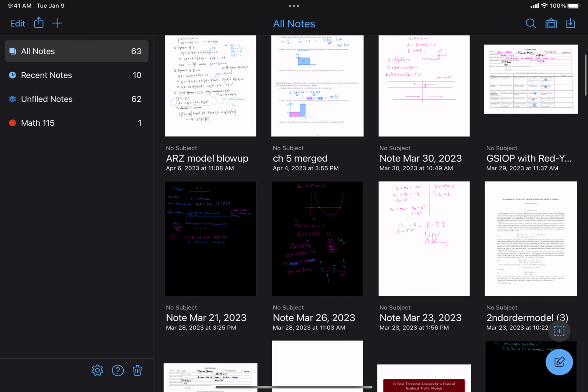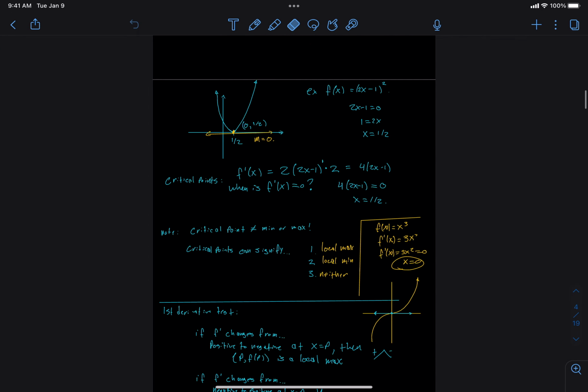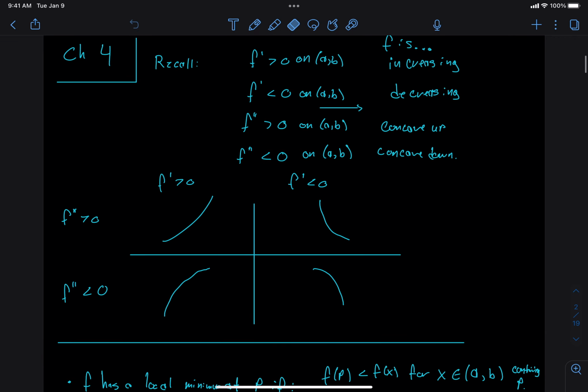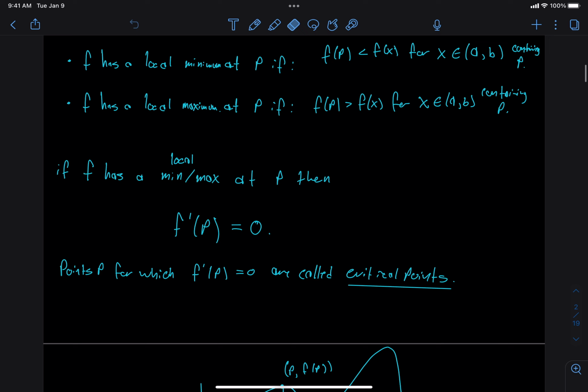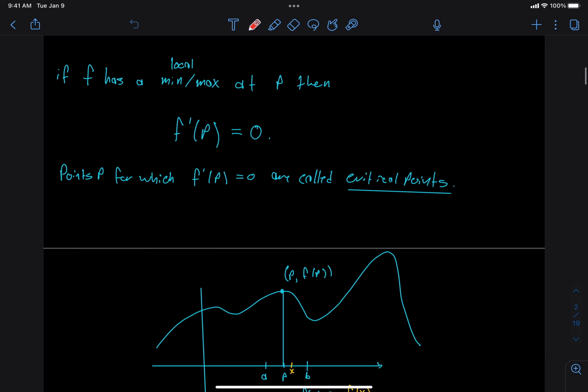Chapter 4 is here. So what was chapter 4 about? Chapter 4 was all about, okay, now we have this derivative thing. What is it good for? Well, it's good for telling where our function has a local minimum or a local maximum, i.e. where is the function hitting peaks and valleys, right? So we defined local mins, local maxes.